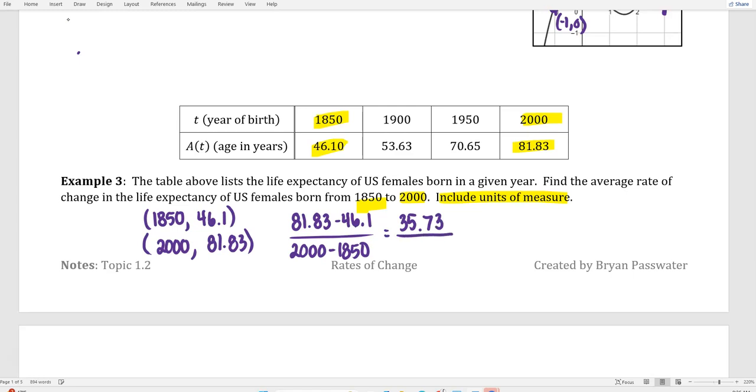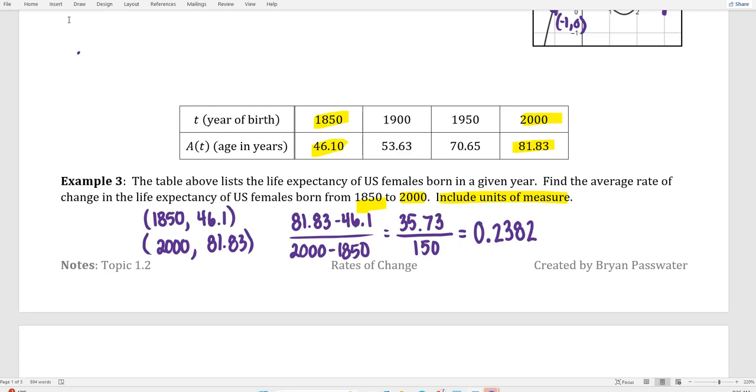And then on the bottom we'll get 150. Okay. And then you can divide those two, and I'm pretty sure they're not going to make you do this without a calculator because you're going to get 0.2382. But we've got to include units of measure.